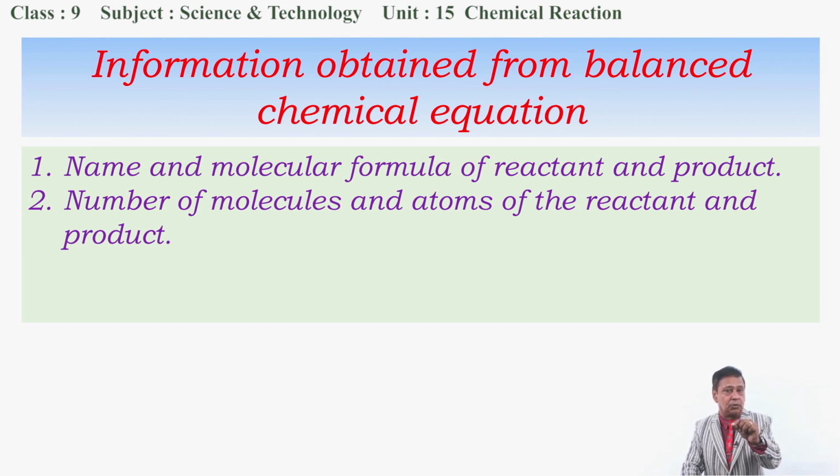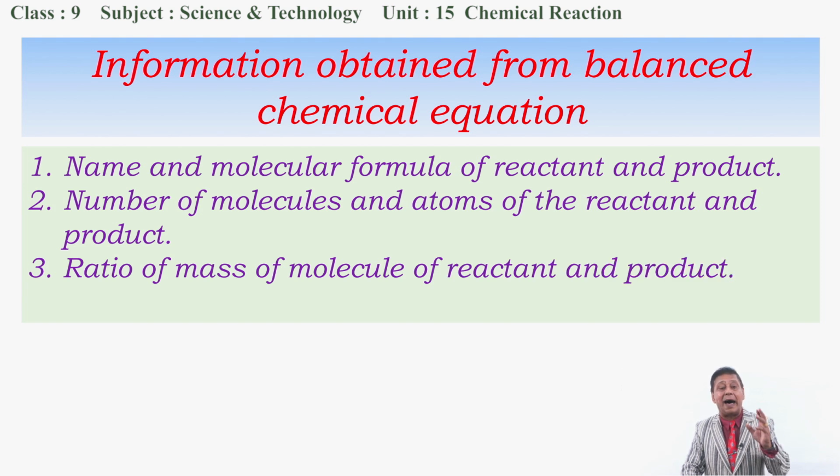If 2O2, 2 molecules of oxygen. If 2S2O, 2 molecules of S2O. 3Al2O3 means 3 molecules of aluminium oxide. This way, the number of molecules and atoms of the reactants and products can be understood.